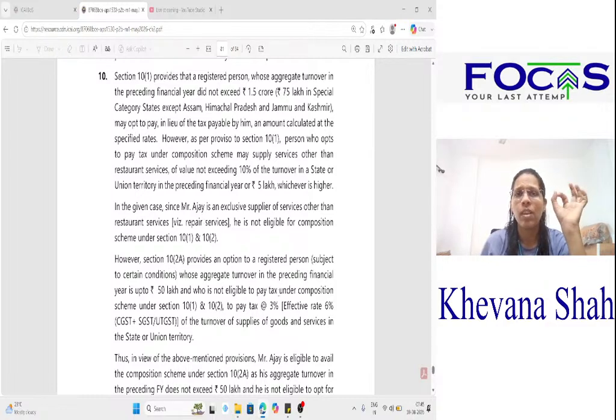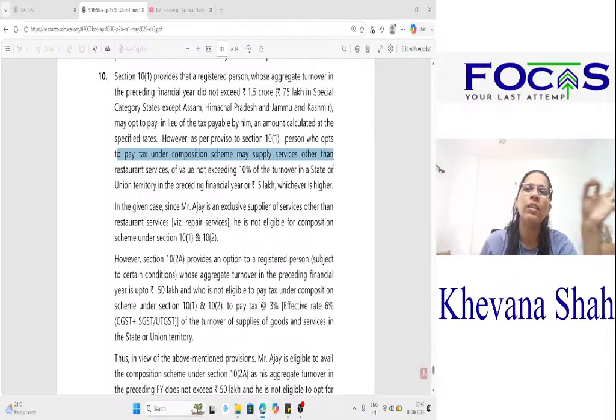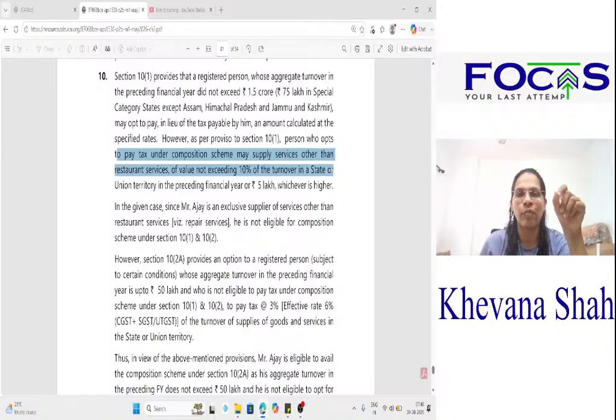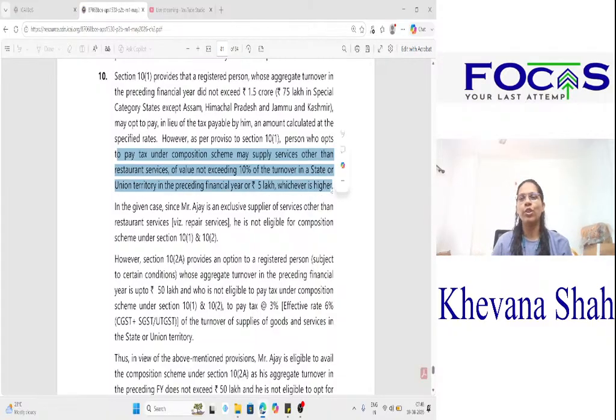However, as per the proviso to section 10(1), a person who opts to pay tax under composition scheme may supply services other than restaurant services of value not exceeding 10% of the turnover in a state or union territory in the preceding financial year or 5 lakh rupees, whichever is higher. So what you will be doing is checking two things.